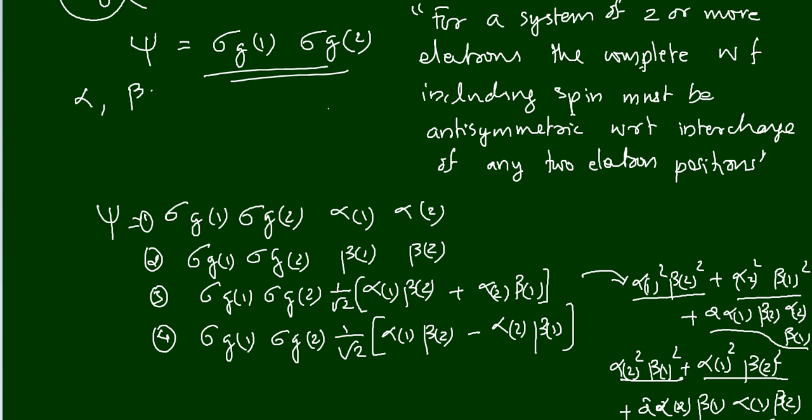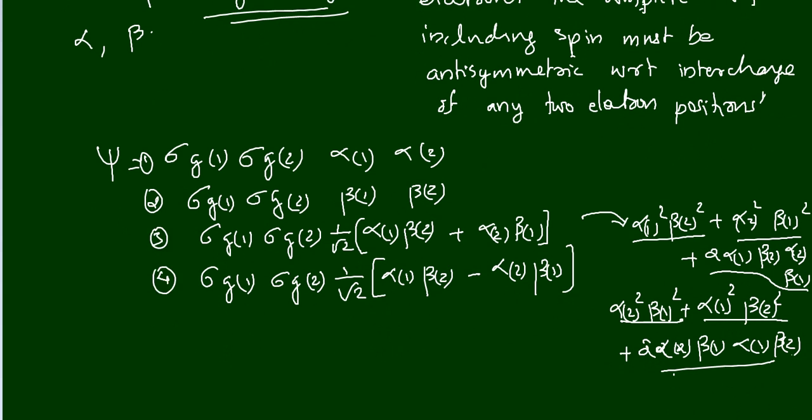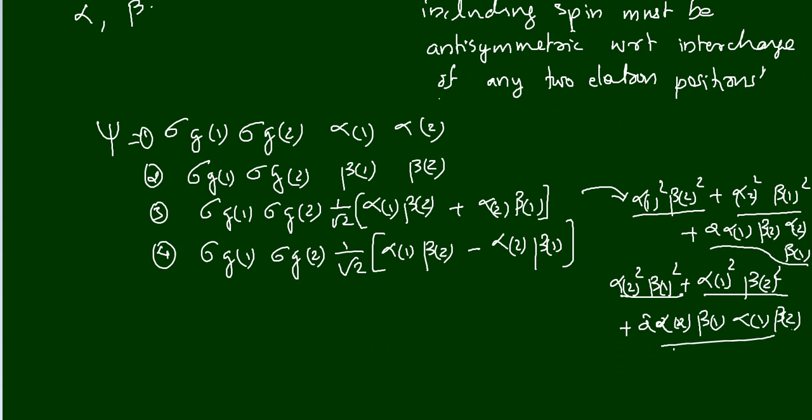Okay, so we can check what will happen after exchange here. In the case of the first possibility, what is the function that you are getting? After exchange what we get is sigma g2 sigma g1. We can also write sigma g1 sigma g2 because the order of the terms is not important here.